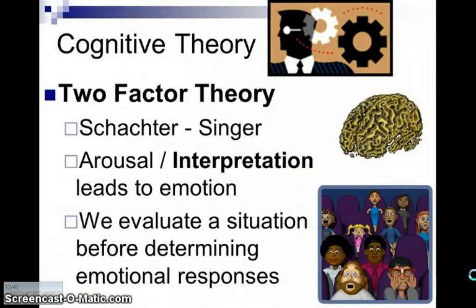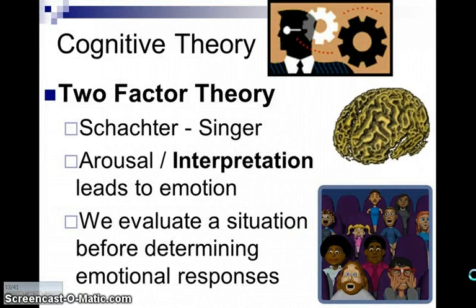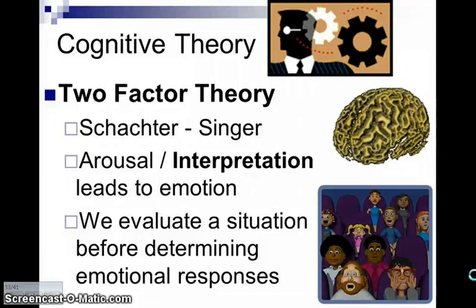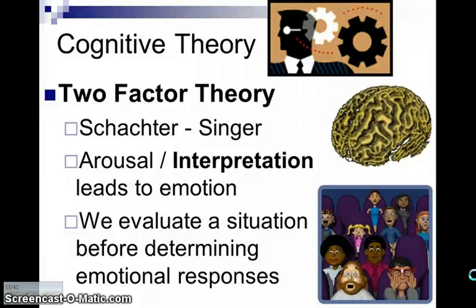Let's take a look at one other theory, and this one puts much more emphasis on the cognitive aspect. This is what's called the two-factor theory, Stanley Schachter and Jerome Singer.